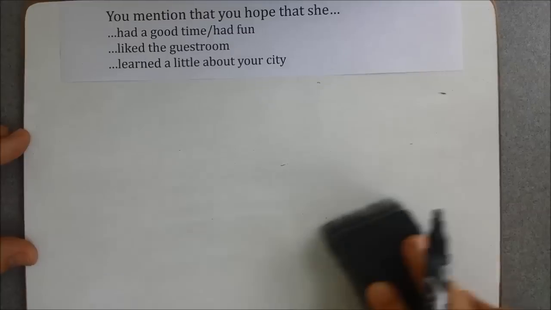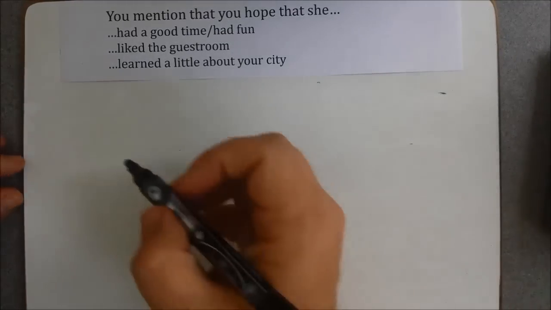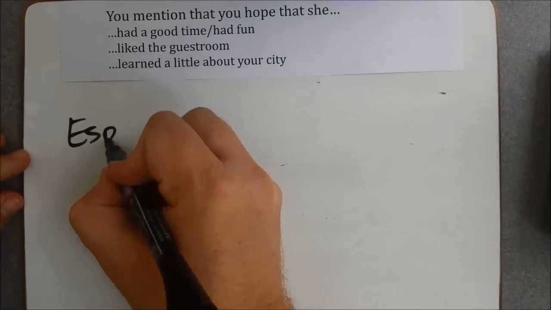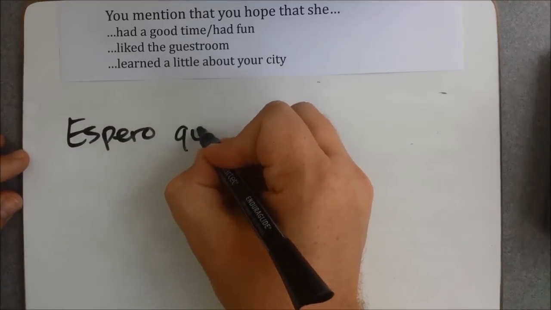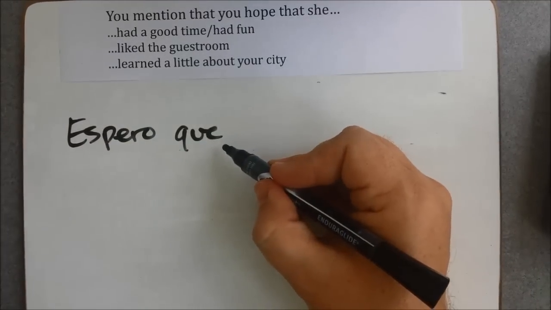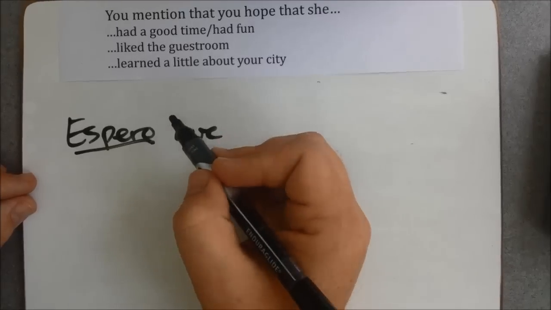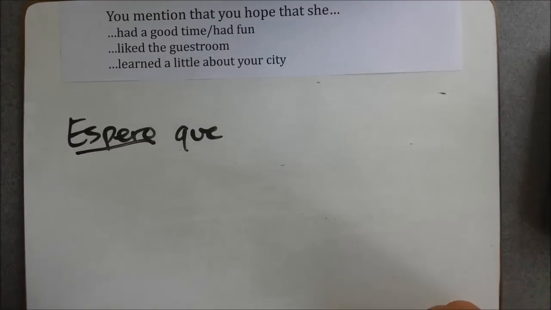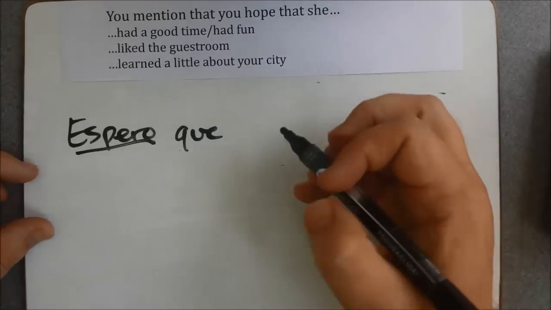And then finally, I hope you learned a little bit about our city. Espero que, and again, espero que, probably the number one reason that the present perfect subjunctive gets used is to express that you hope that someone has done or did something.